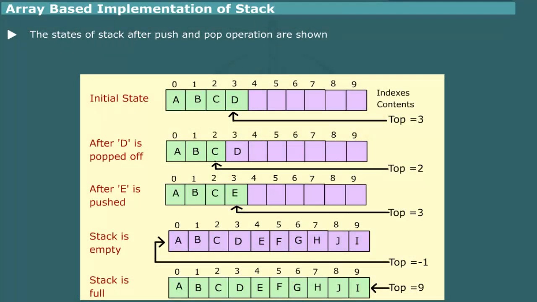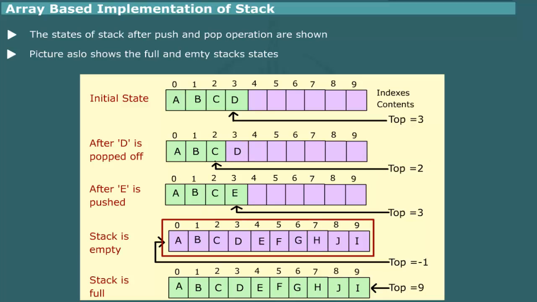An array representation of a stack is shown on screen, which can hold 10 stack items. Initially, the stack contains 4 elements, A, B, C, and D. The variable top holds the index value 3. When an item is removed, the index value is decreased to 2.